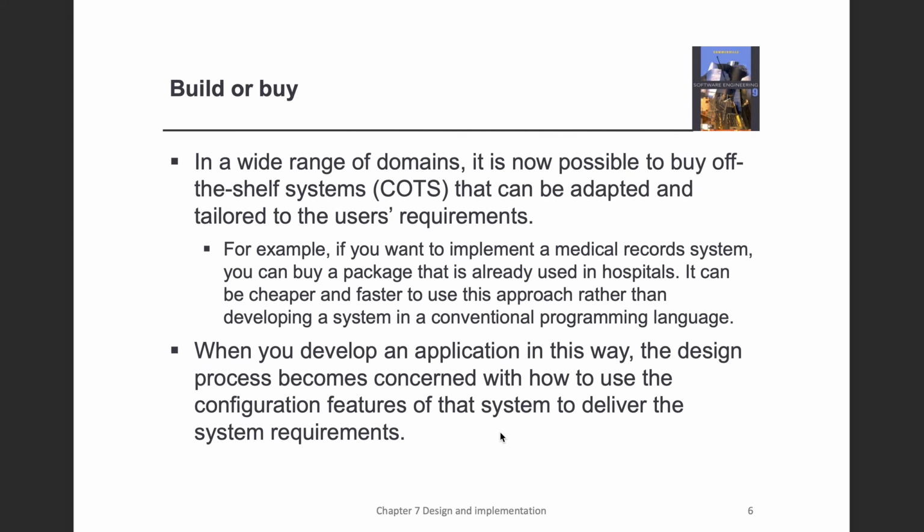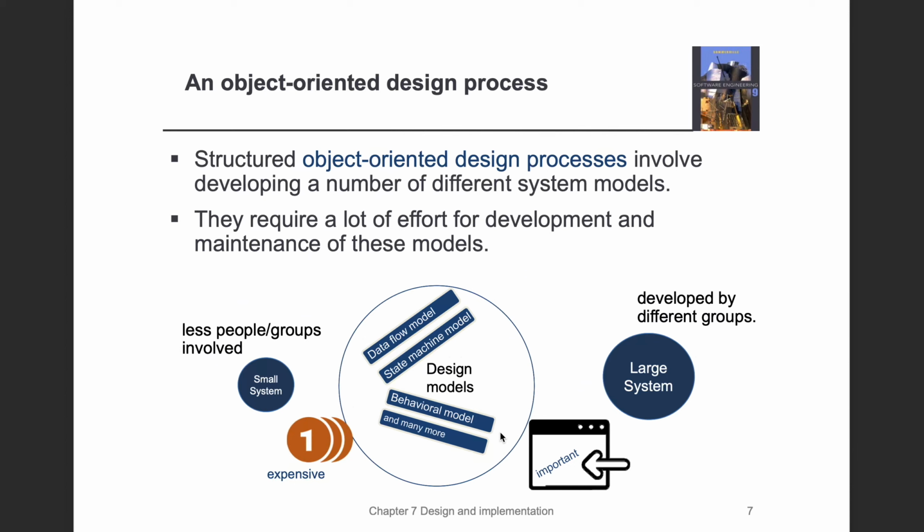So we also look at the object-oriented design process. With the object-oriented design process, we see the structured object-oriented process, where you look at all the objects that are relevant to the system that you are designing.